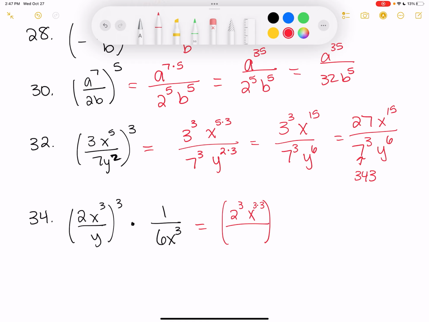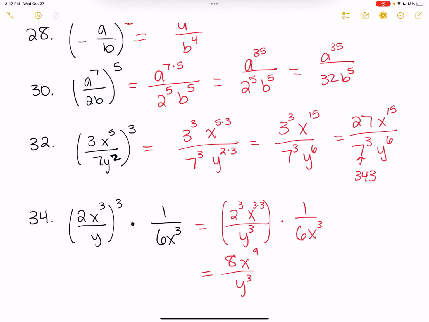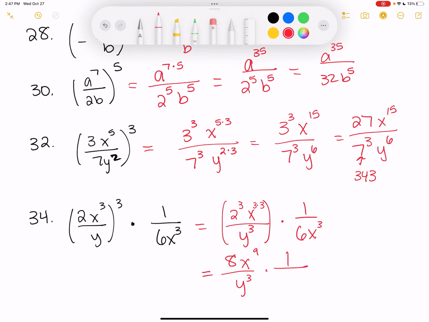What happens with the y? Put the 3 on it, so y to the 3rd times 1 over 6x to the 3rd. So 2 cubed is what? 2 times 2 is 4, times 2 is 8. So x to the 9th over y cubed times 1 over 6x cubed.